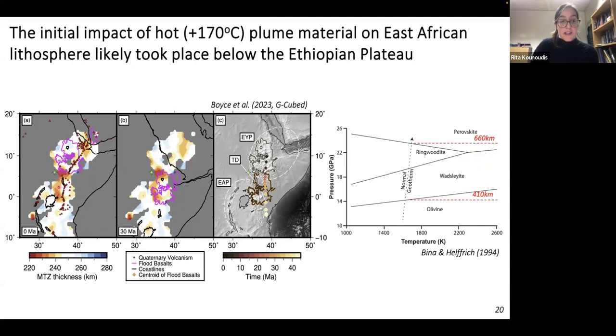So although that's located below the Turkana Depression today, that's not where it was 30 million years ago, when the mantle plume first made contact with the plates. It was actually the Ethiopian Plateau and flood basaltic province that was sat right on top of this region. The Turkana Depression, on the other hand, was located a lot further south in mantle that appears to be relatively normal today.